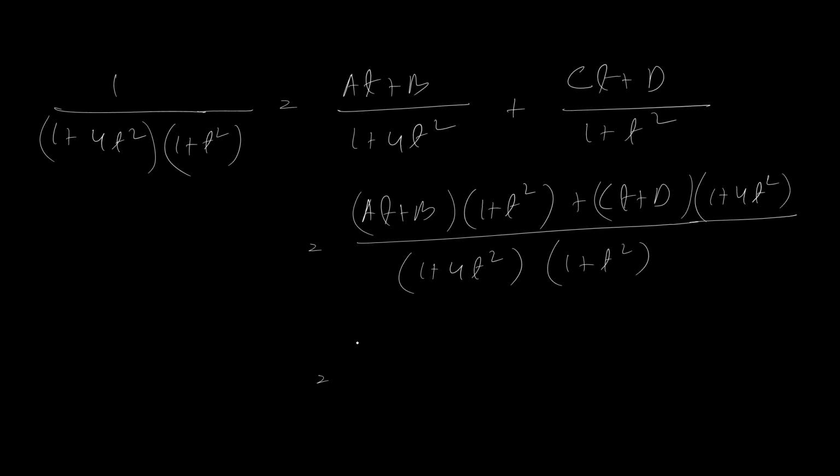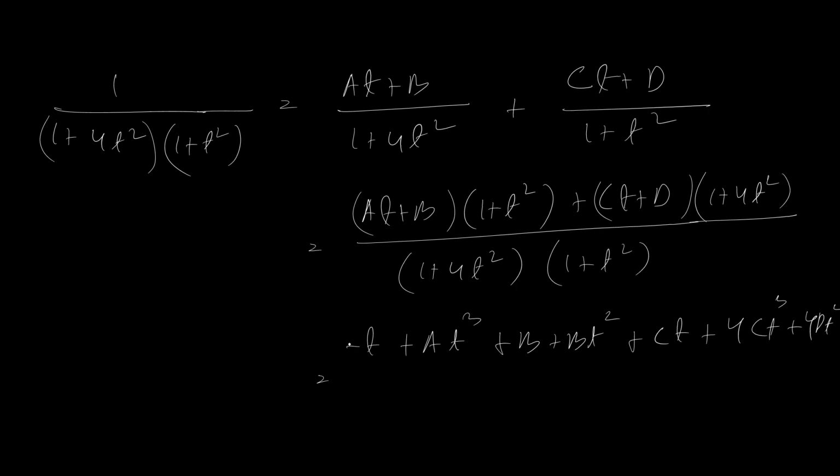Now I will multiply it, so this will be at plus at cube, plus b plus bt square, plus ct plus 4ct cube, plus d into 4t square, which is 4dt square.